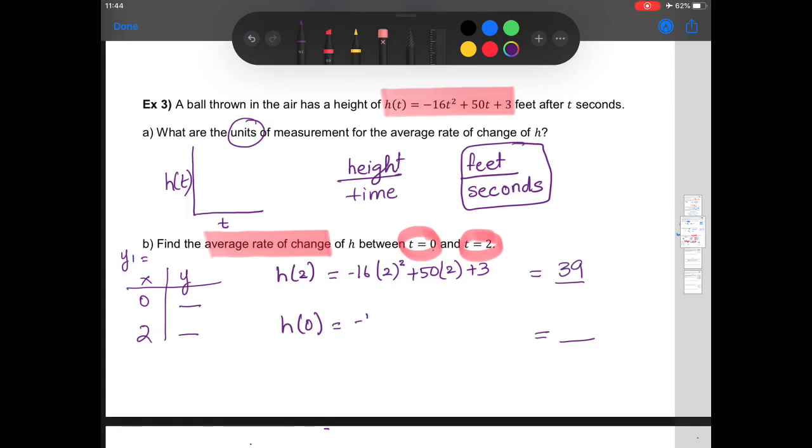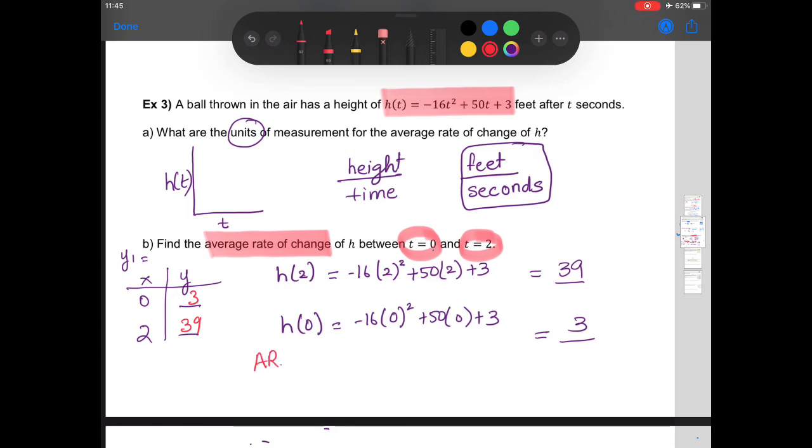H of 0, if I substitute in 0 here, all my t terms become 0, right? So what am I only left with? Just my constant, which is 3. Right? I'm not done with the question. If you had checked it on the calculator, you should have gotten h of 0 is 3 and h of 2 is 39. Okay, so that's how you should have gotten it.